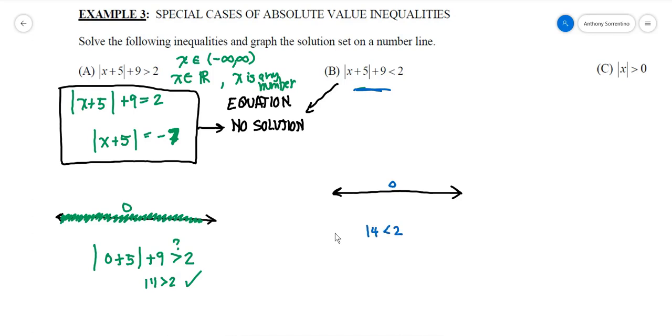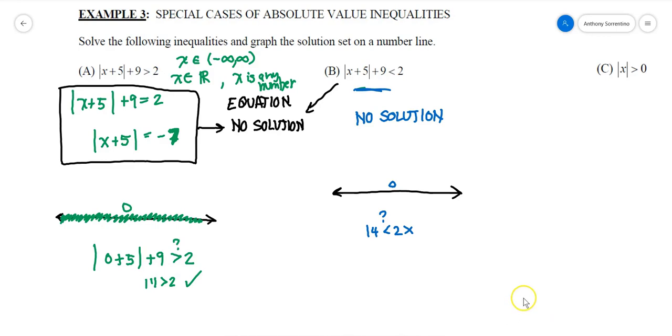Is that less than 2? Well, that's not at all. So I wouldn't be able to shade in any part of the number line. So here's where I would say the inequality has no solution. So just because the equation you create that's similar to the inequality has no solution doesn't mean that the inequality is going to have no solution. That's one of two options that you could have for that.